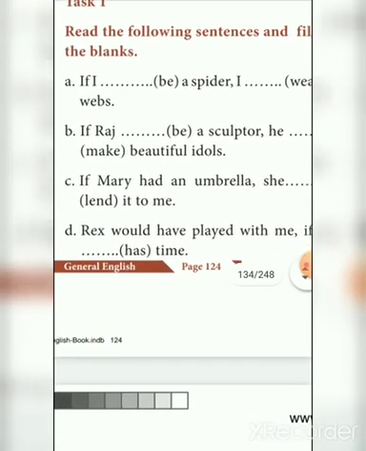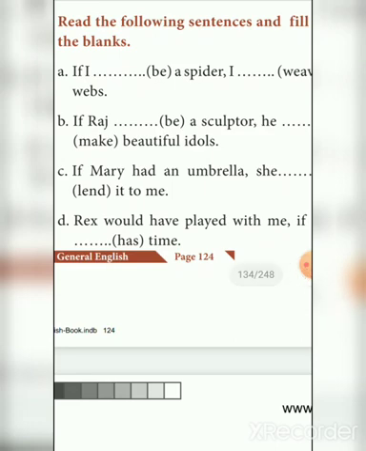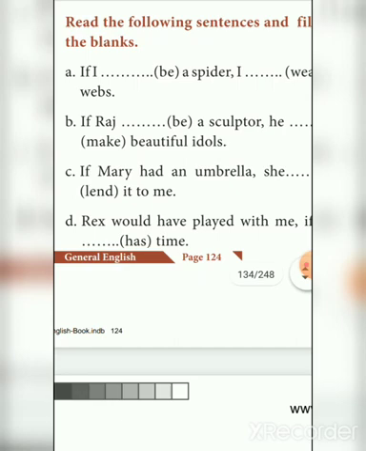Write in your notebook. Second question, you see the same thing, improbable condition, imaginary one. If Raj dash be a sculptor, he dash make beautiful idols. See, if Raj, this is an imaginary one, so we use the form of the verb were.